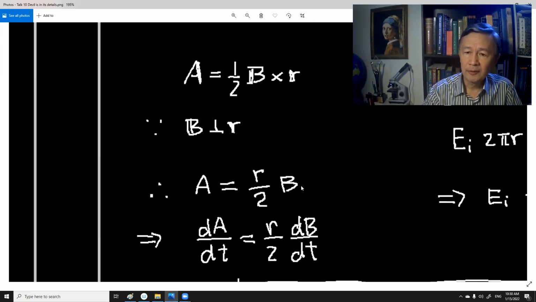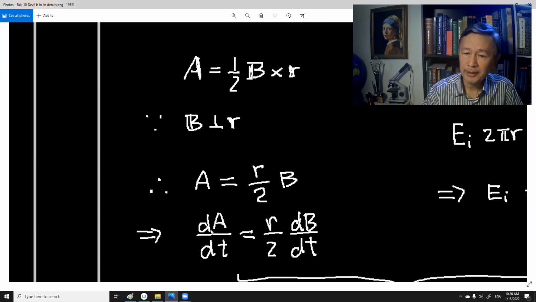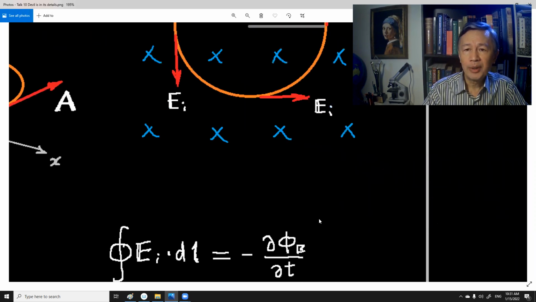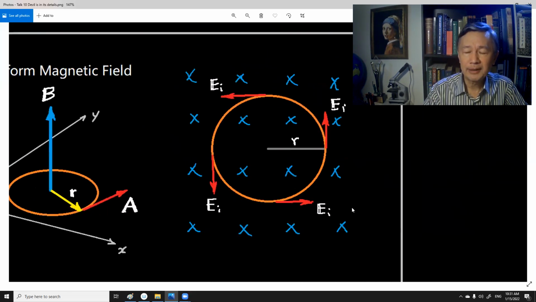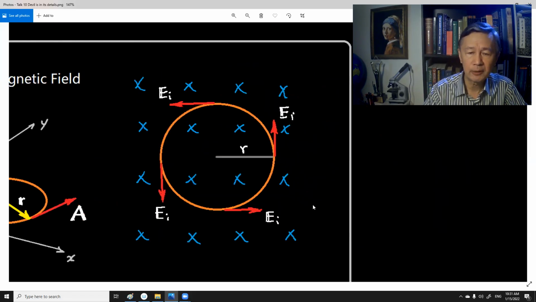If we take the first derivative with respect to time, we obtain dA/dt equals R over 2 multiplied by dB/dt. That is the interpretation of dA/dt in that general definition. Then we consider the same scenario, but this time with a 2D diagram, in which the direction of the magnetic field is into the page, as you can see by this cross.